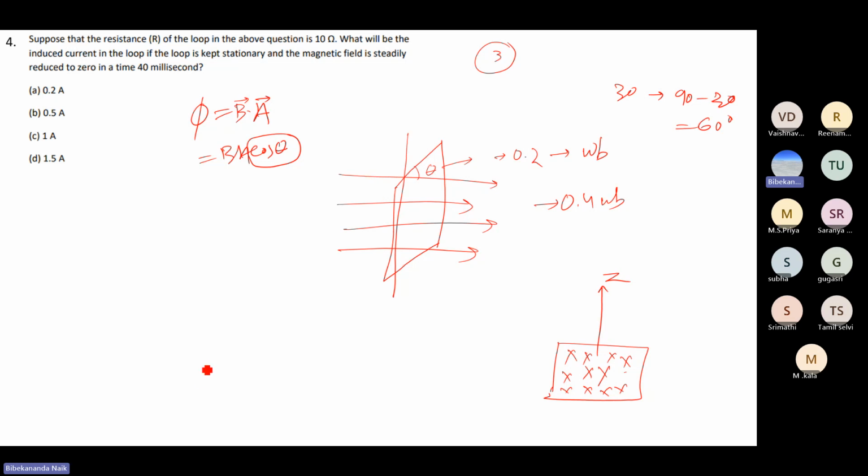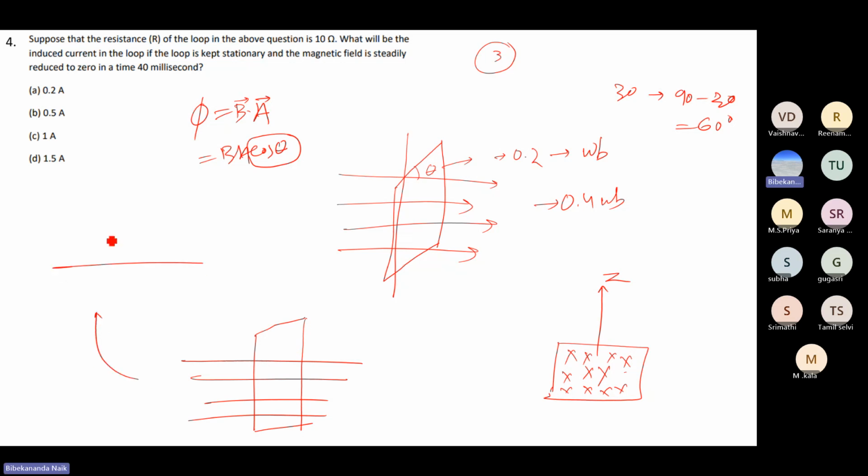Now you can clearly see, suppose this is the direction of lines of force and the coil is present here. This is the face of the coil. It is a bit difficult to draw it in 2D. Suppose the situation when you look from above is like that. So the face of the coil is this and this is the magnetic field. So the area is in this direction, so the area vector will be along the direction of magnetic field.